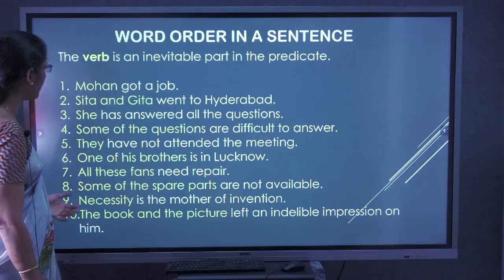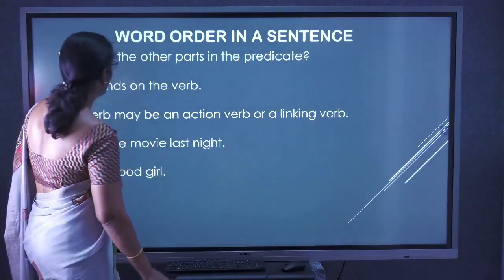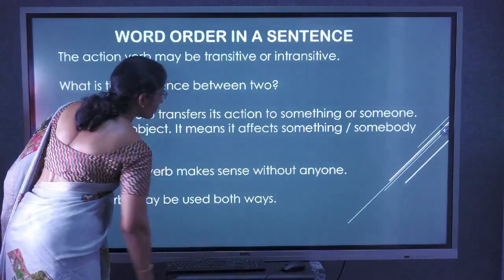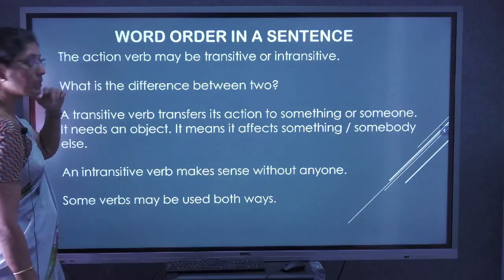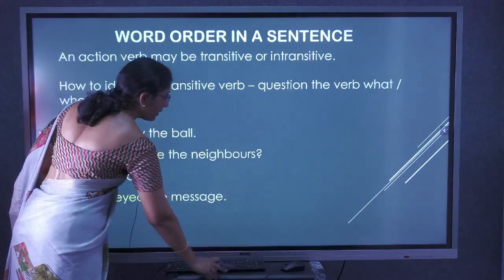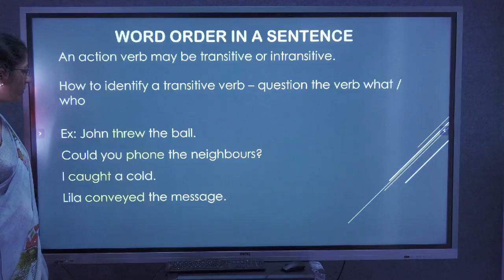So here we did some activity. And from here onwards we discussed what the other parts in a predicate are, and we discussed what a transitive verb is and what an intransitive verb is. Okay, then how to identify a transitive verb.